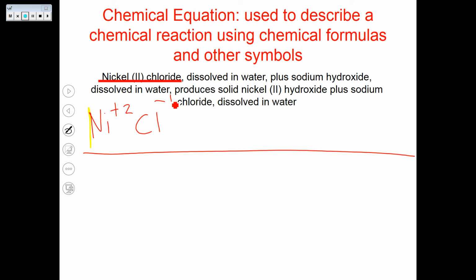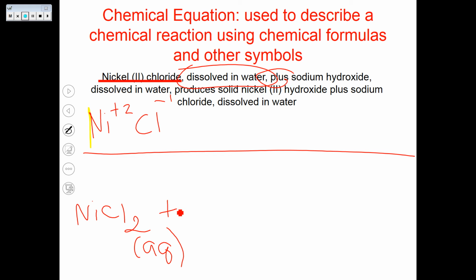Okay, we're going to drop and swap, and it's going to become NiCl2. So nickel(II) chloride gets replaced with NiCl2. Dissolved in water comes next. Dissolved in water means that its state of matter is going to be aq. Plus. The word plus means that I'm going to have a plus sign there.